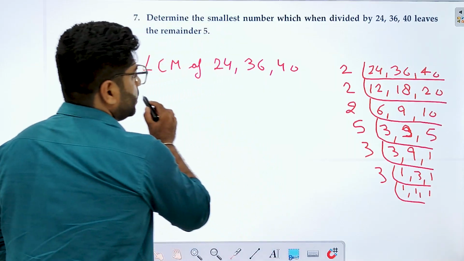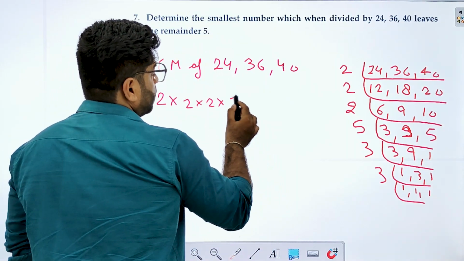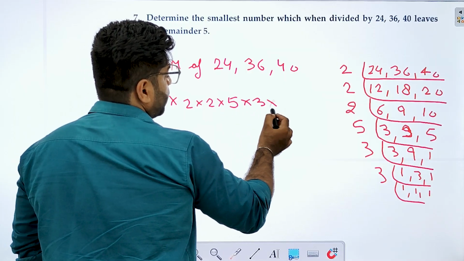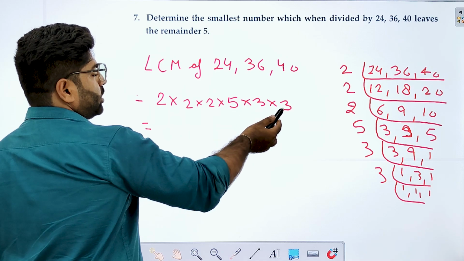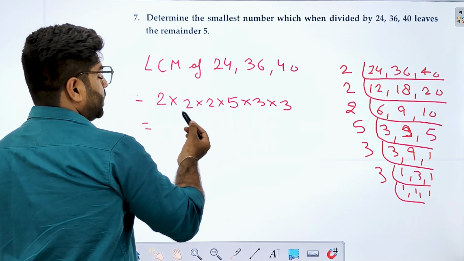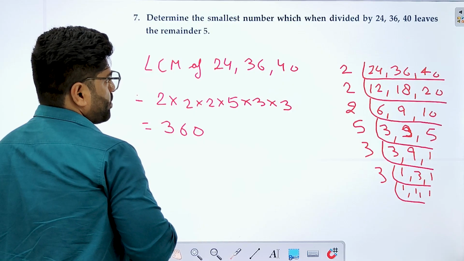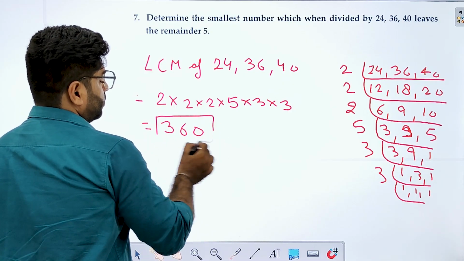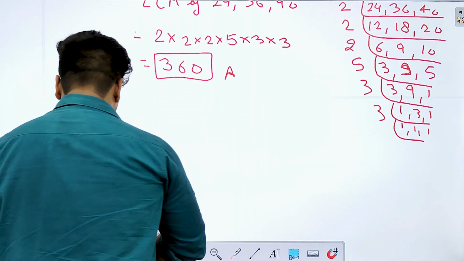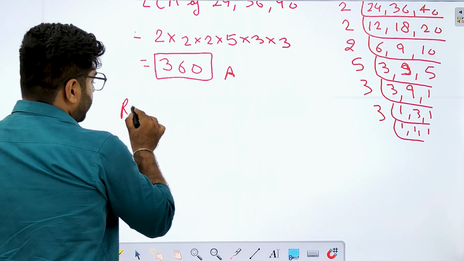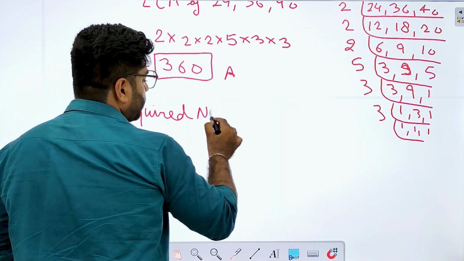So LCM of these numbers is 2 multiplied by 2 multiplied by 2, then 5 multiplied by 3 multiplied by 3. Okay, so this is 9, 9 eights are 72, 72 fives are 360. This is 360. Now we have to find out the required number.